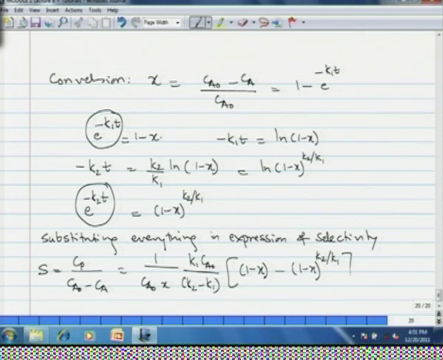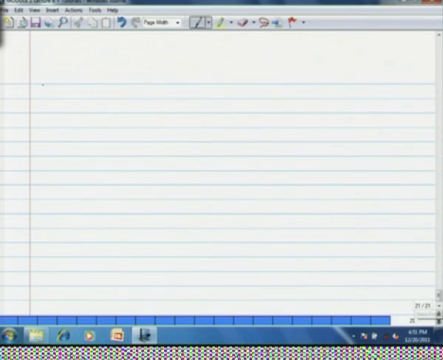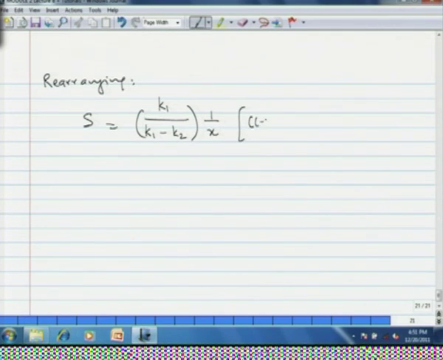So, rearranging, we have the final expression for selectivity S as K1 divided by K1 minus K2 divided by x into 1 minus x minus 1 minus x raised to K2 by K1.